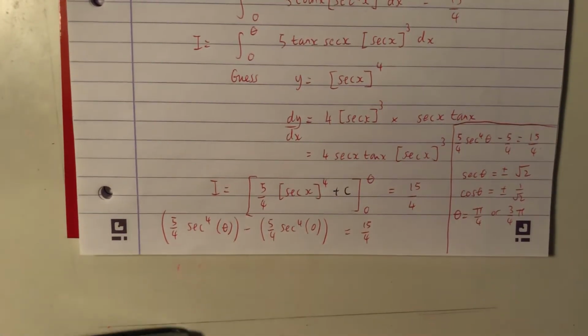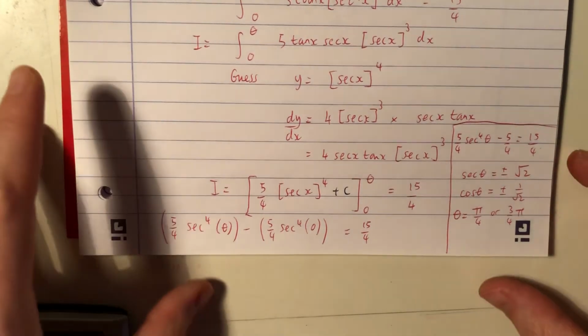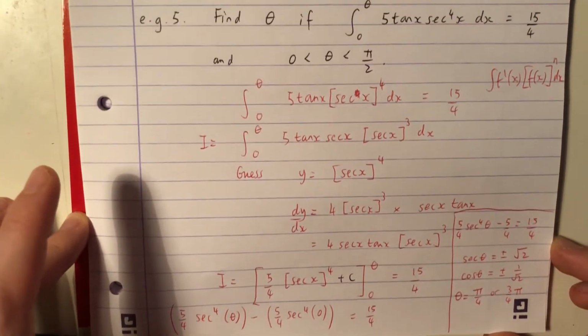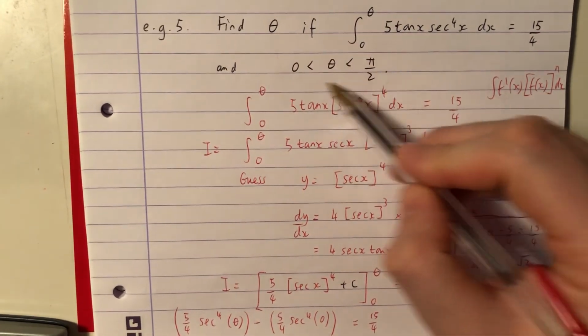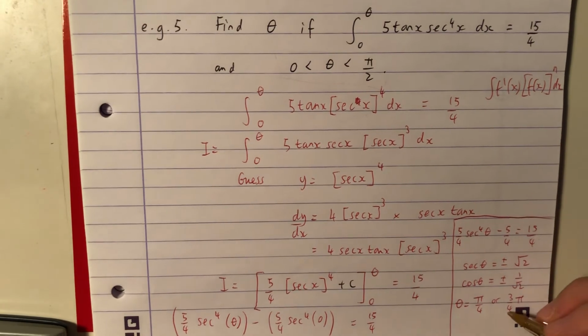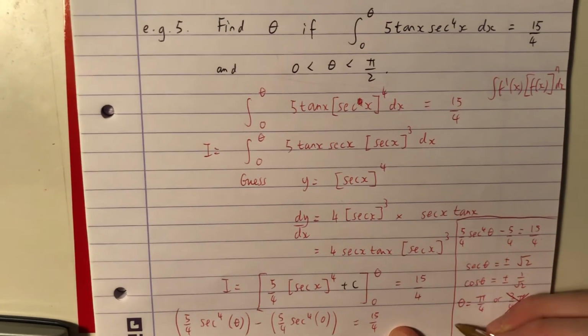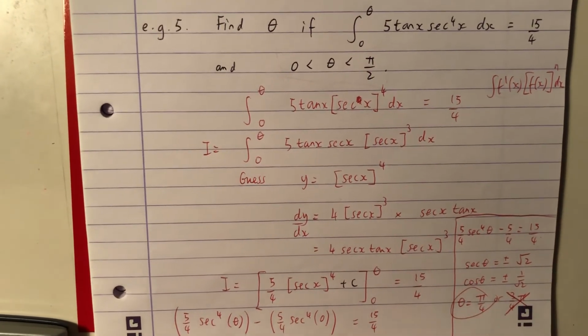Now, you can't have two answers for this, but there's something in the question we haven't used yet. So we look back at the question. What haven't we used? This, theta between 0 and pi by 2. So we discount that answer, and that would be your final answer.